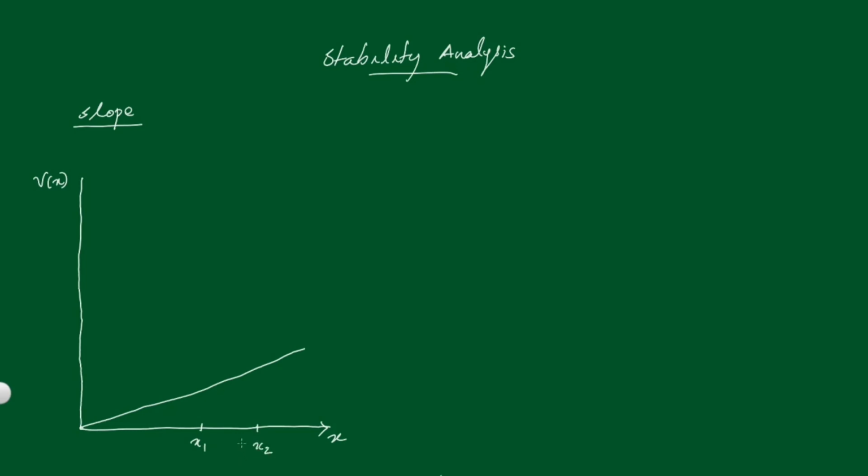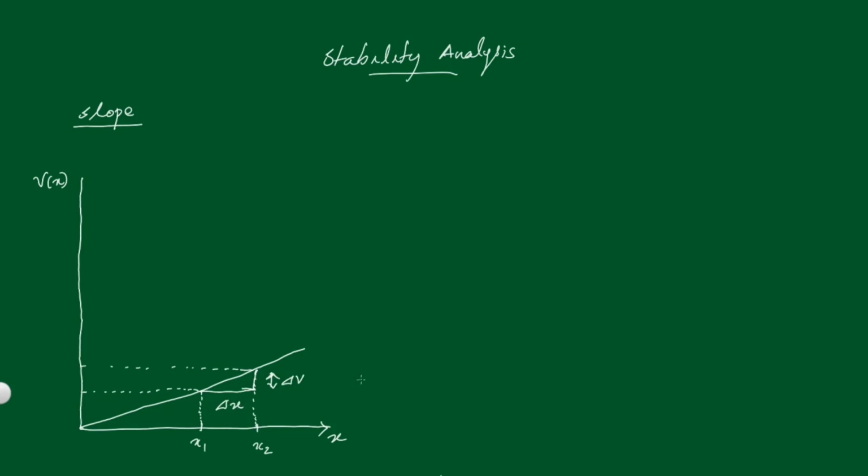Now what is the slope? To find the slope, I have to extend this point and this point to the v of x coordinate. Here I get a triangle, and in this triangle this length is delta v, and this length is delta x.